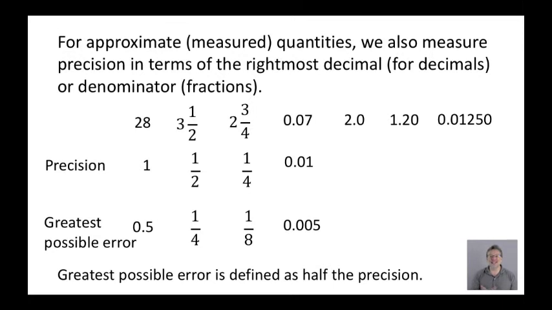Well, it's to indicate that this measurement is to the nearest, not inch, but to the nearest 1/10 of an inch. So our precision is not to the nearest inch, but it's to the nearest 1/10 of an inch. Once again, the greatest possible error is half of that, or 0.05 inches.